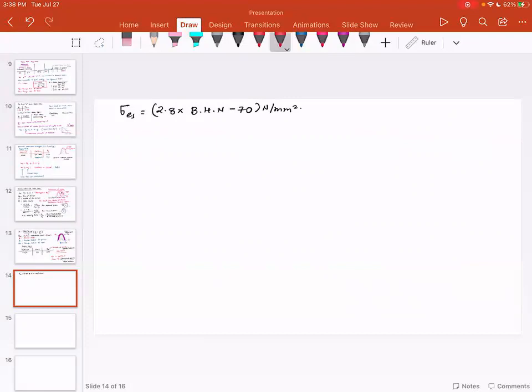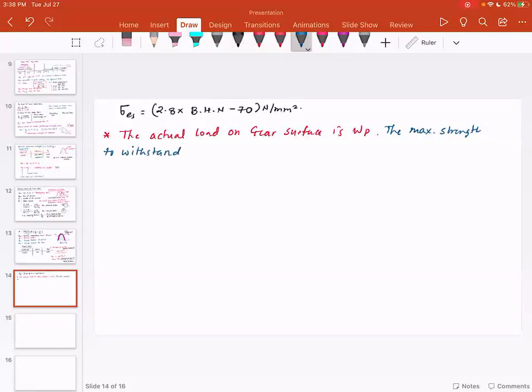And at the end of the day, the actual load coming on the gear surface, let me write this down again, is WD, but the max capacity, the max strength to withstand the surface load of the gear, is WW.